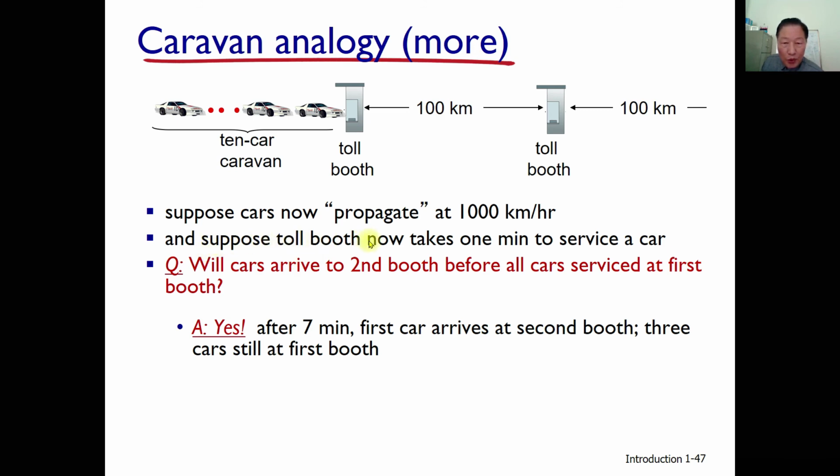And suppose toll booths now take 1 minute to service a car. And then the question is, will cars arrive at the second booth before all cars are serviced at the first booth? That is different from the previous question. Okay, the answer is yes.